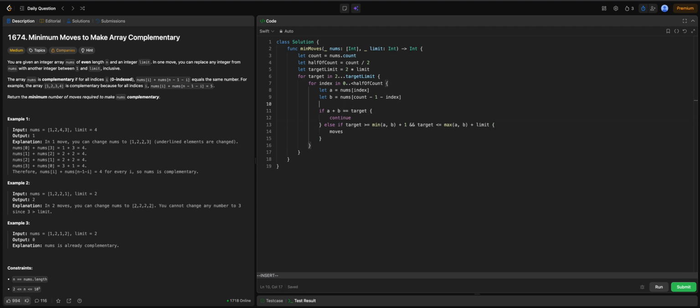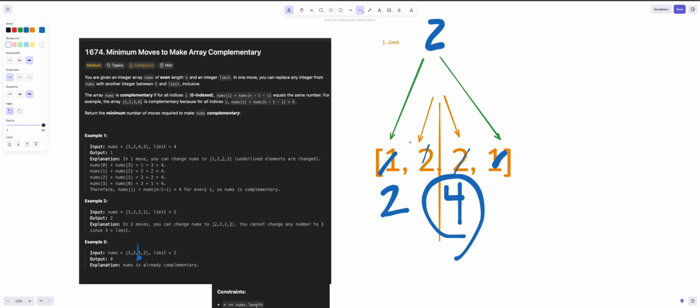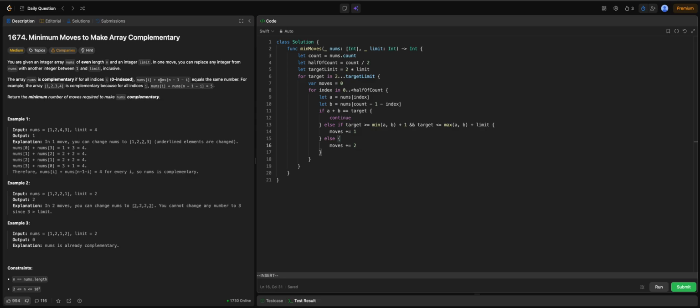I need one variable in here that will be the move above, and then move will be plus 1, and else we need to move 2. I hope that makes sense because we only have 2 options. We only need to replace the 1 number or 2 numbers.